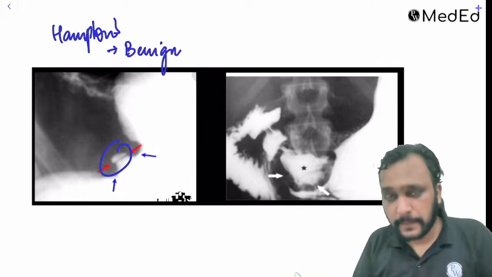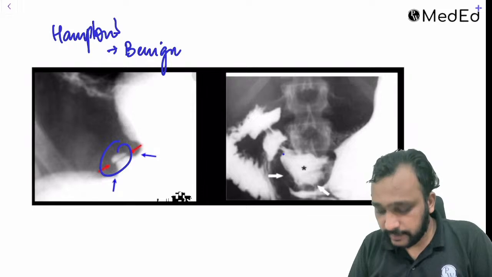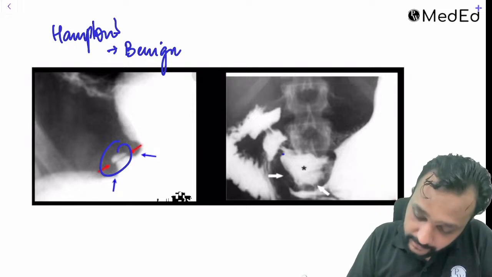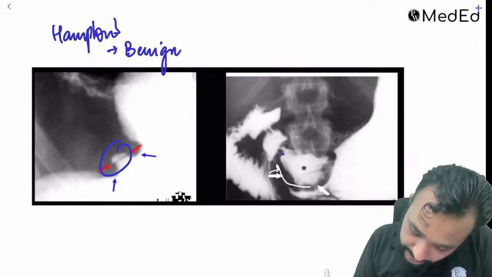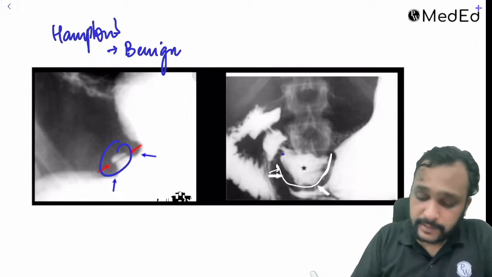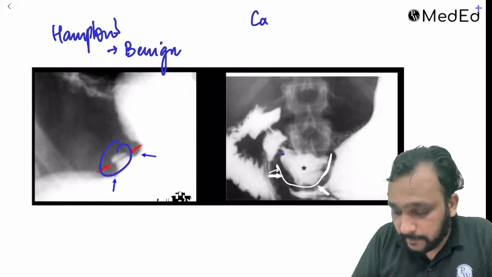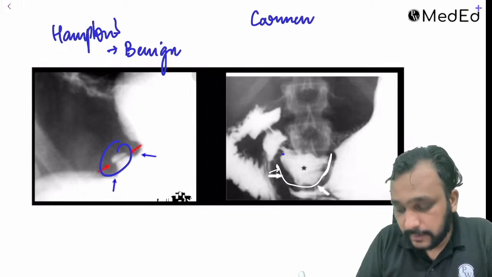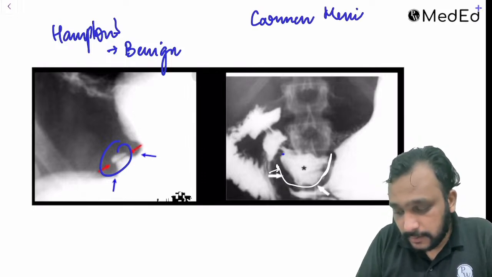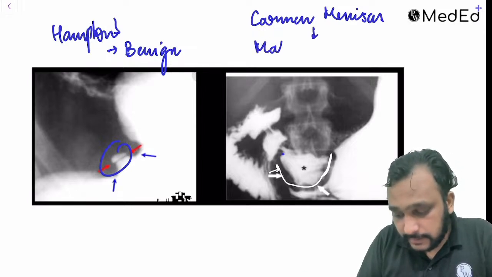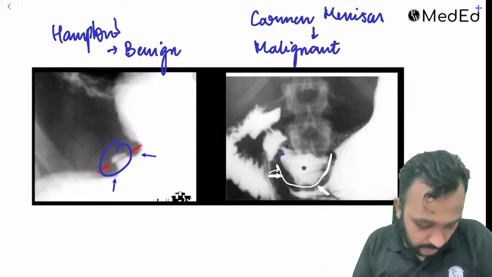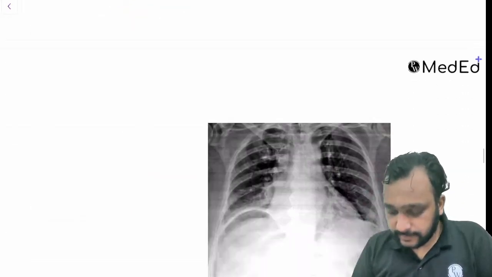And in the second image, this is the meniscus appearance, the Carmen meniscus sign. It is seen in patients with malignant ulcer.